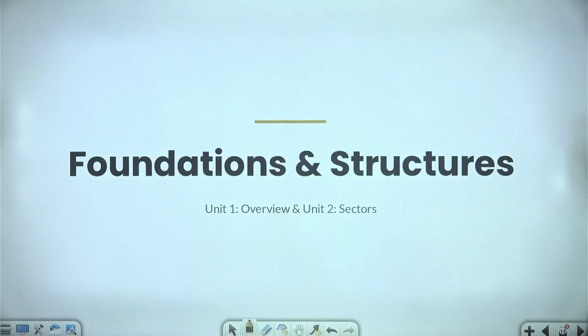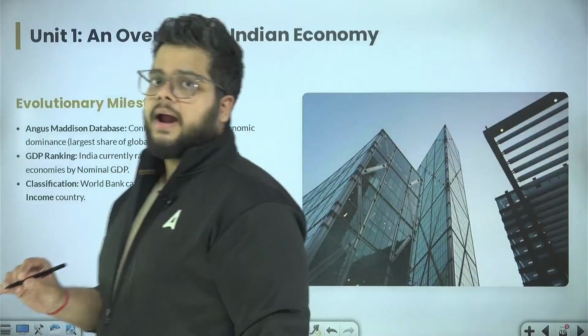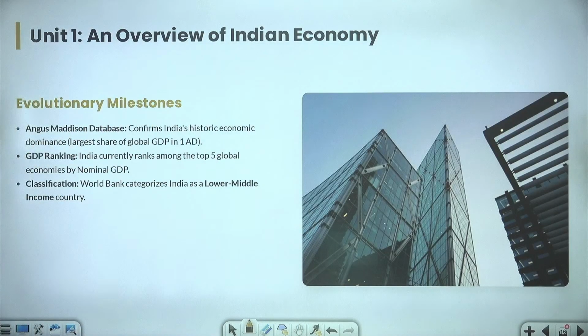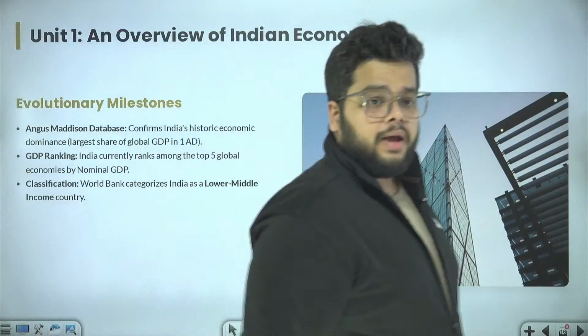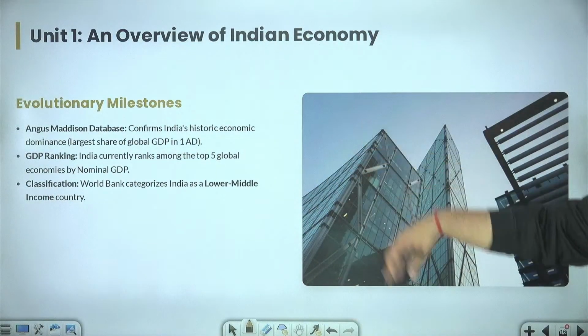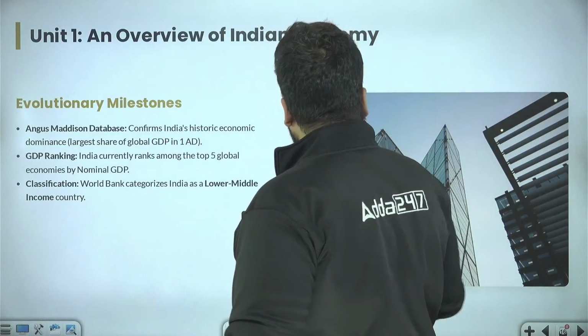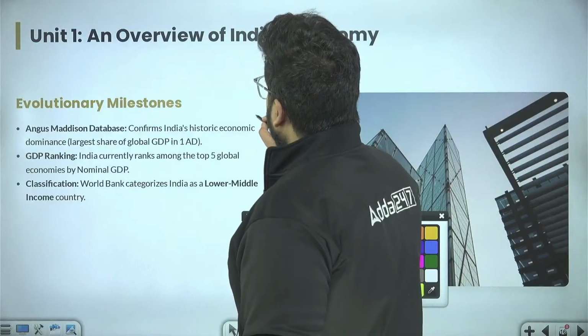Let's start with the unit number first, high yielding topics. We have the overview of the Indian economy as unit number 1, where you will find the 3 most important topics. The first one is the Angus Maddison database.